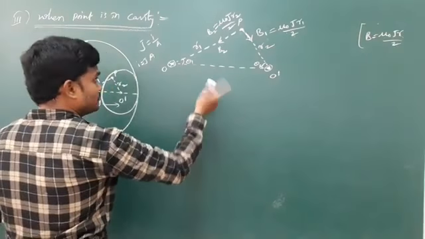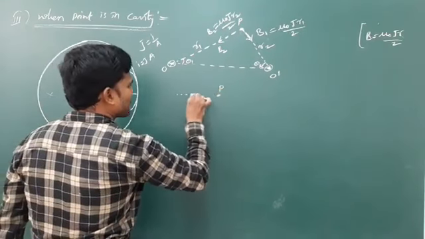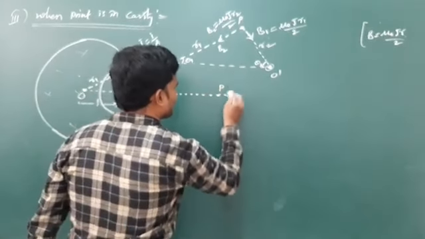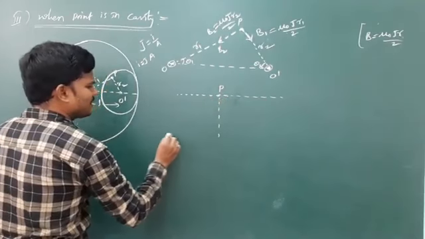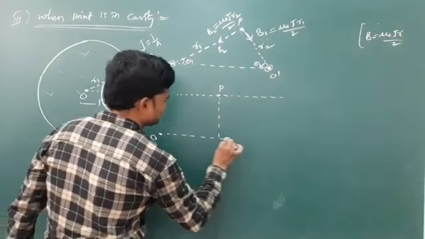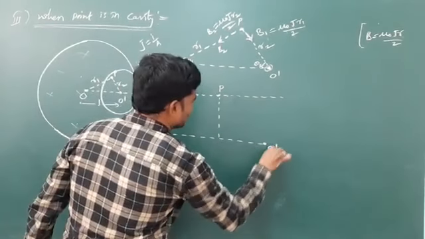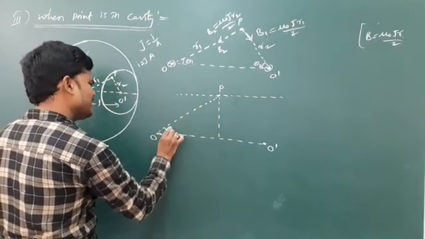Again, I am using one more geometry here. This is the point P. Here geometry will play the main role. This point is O dash. What is this angle?